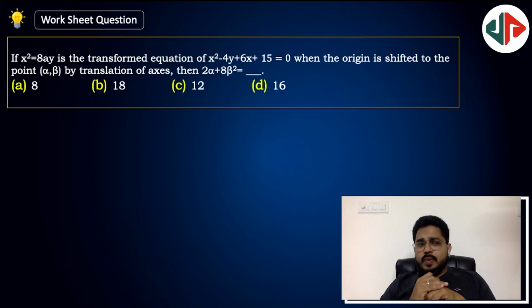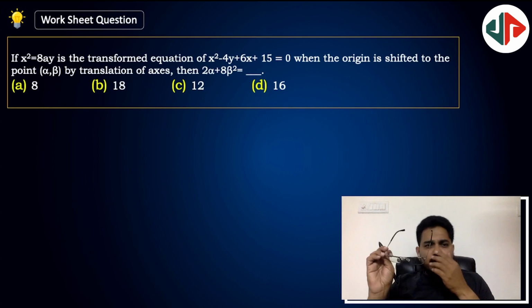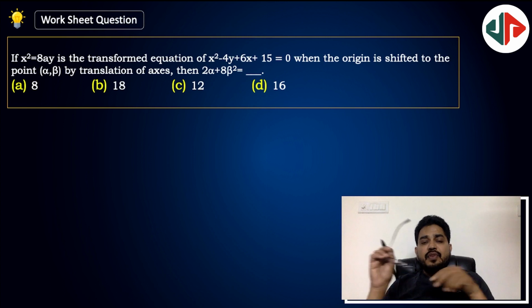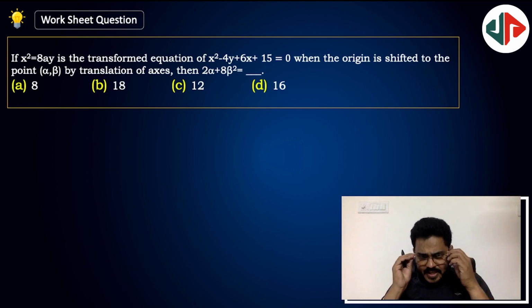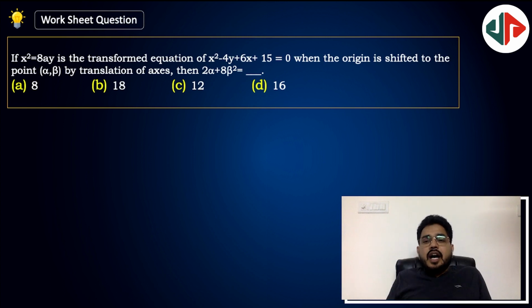If x square is equal to 8ay is the transformed equation of x square minus 4y plus 6x plus 15 is equal to 0, then the origin is shifted to the point alpha comma beta. What is this value? So if this is the transformed equation, this is the original equation.